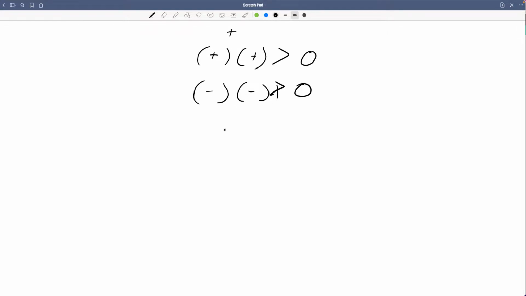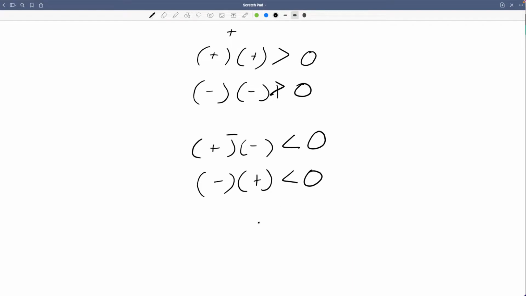For it to be less than 0, a negative number, we have to have a positive times a negative, or a negative times a positive. So let's apply what we know and do some example problems.